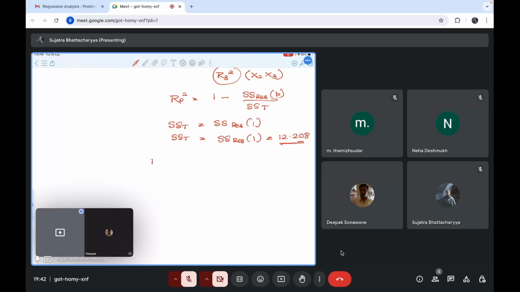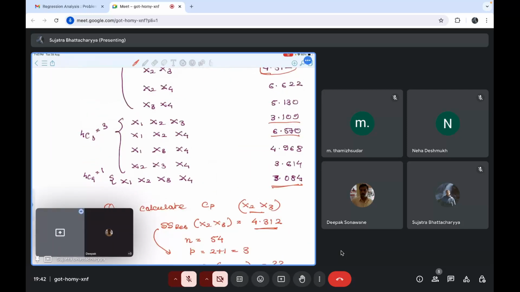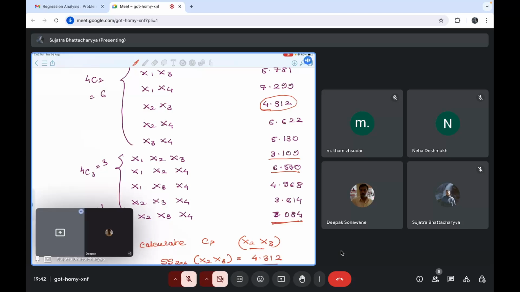Okay, now let's calculate R3 square of x2 x3. So it is 1 minus, let's quickly see what the SS residual for that is. X2 x3, 4.312.